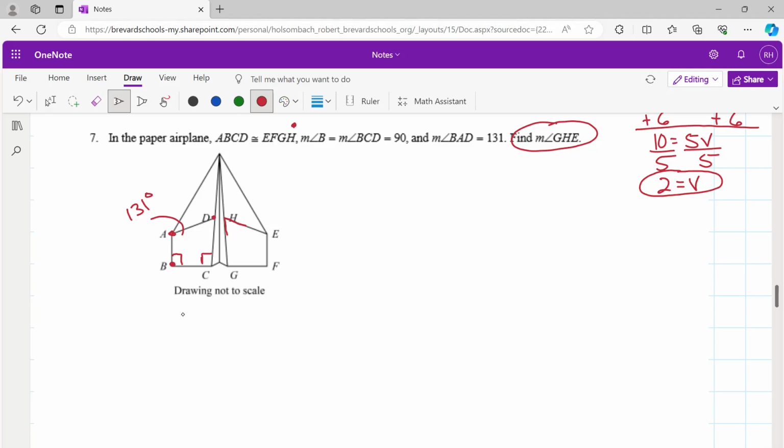So we've got a quadrilateral. The sum of the angles of a quadrilateral is 360. So we're going to say that the measure of angle D is equal to 360 minus the 131, minus angle B, which is 90, minus angle C, which is 90.